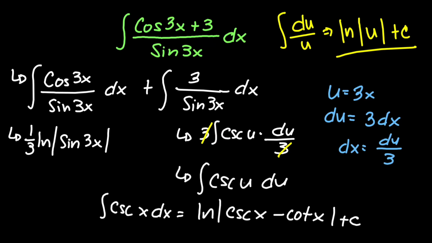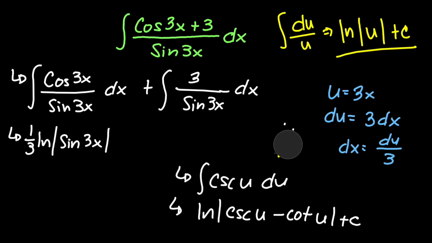So what we have here is cosecant of u, so just replace the variable x with u. If you want the full explanation, just watch my previous video regarding cosecant and secant.